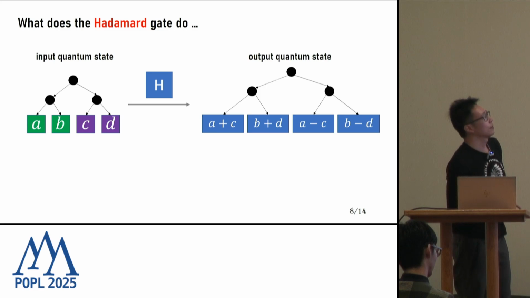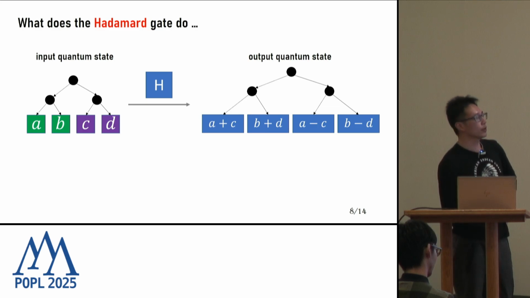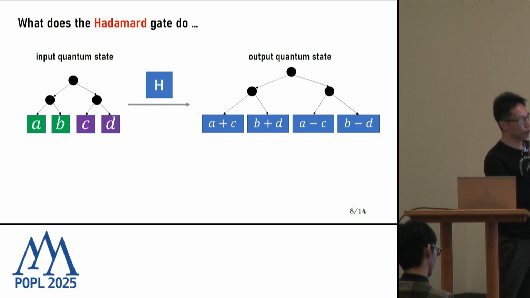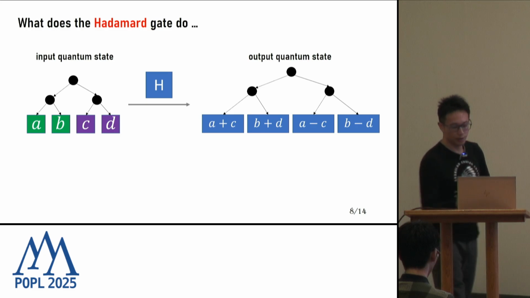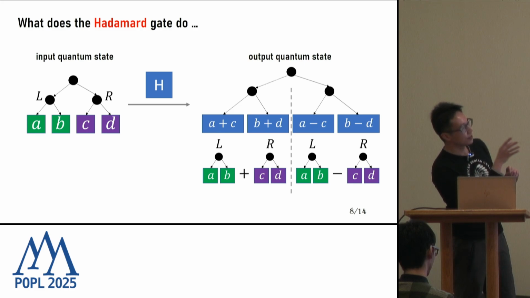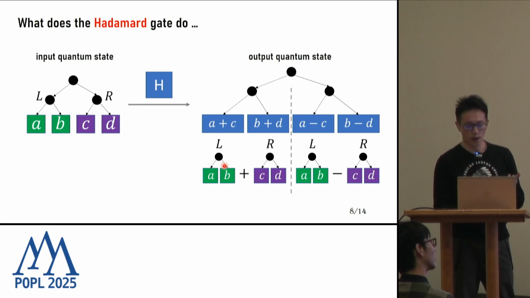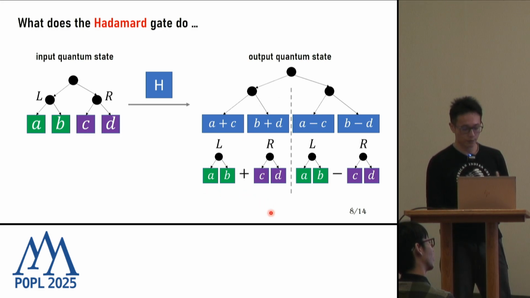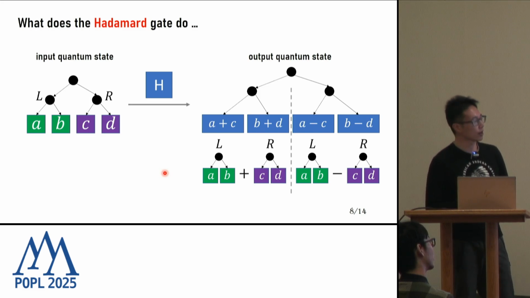Given an input quantum state as the tree on the left-hand side, after we apply the Hadamard gate on the first qubit, the output quantum state would be the tree on the right-hand side. You can see that the left subtree of the output combines the sum of the left and right subtrees from the input. Similarly, the right subtree of the output represents the difference of the left and right input subtrees.